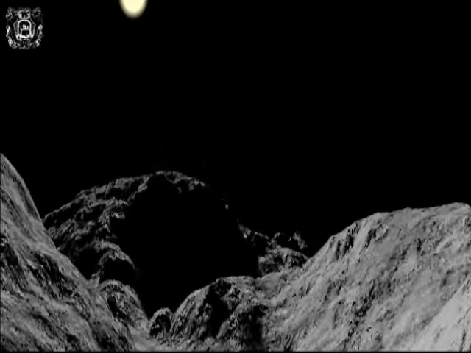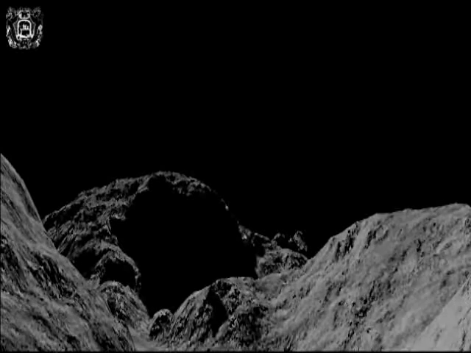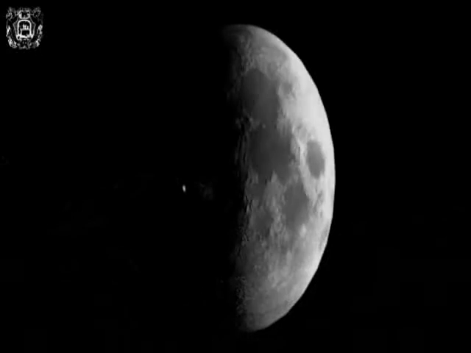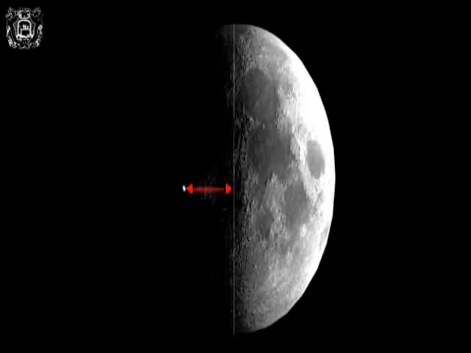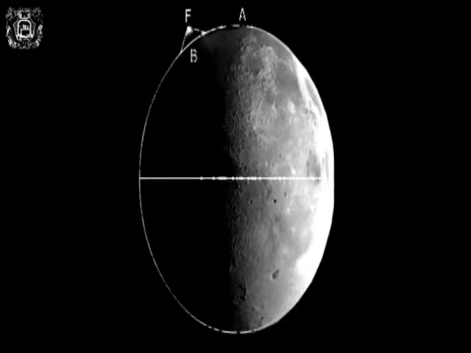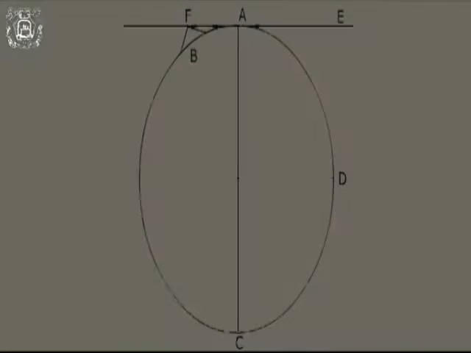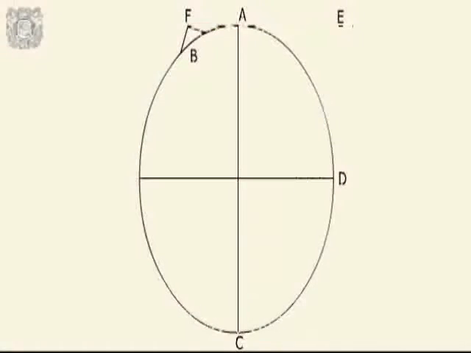With a simple but ingenious method, Galileo was able to calculate the height of the mountains on the moon. He estimated the distance of a mountain from the terminator as about 1/20th of the apparent diameter of the moon. Then, dividing by 20 the length of the true lunar diameter, known since antiquity, he obtained the length of the segment FA.